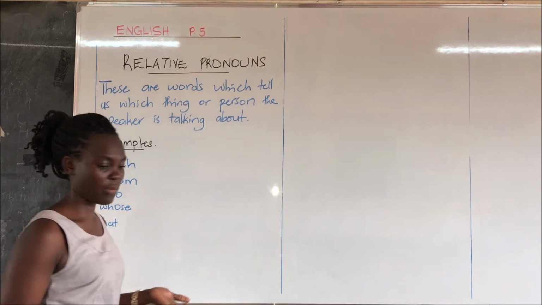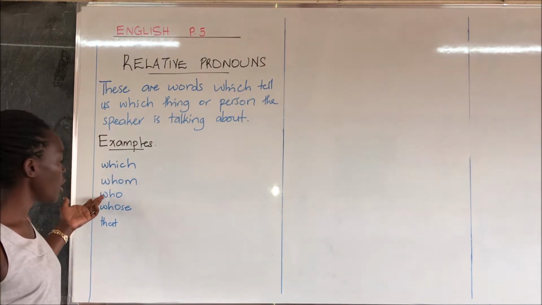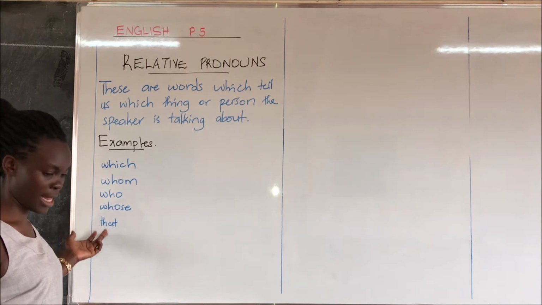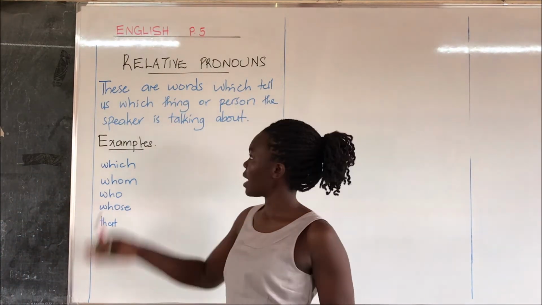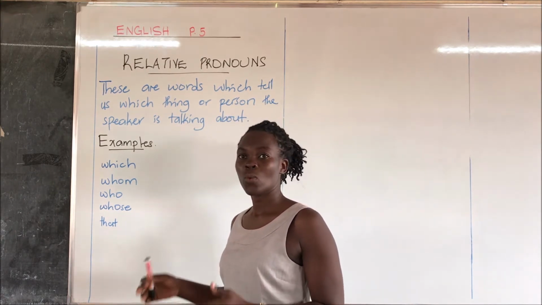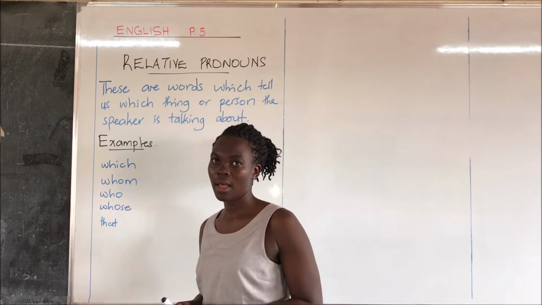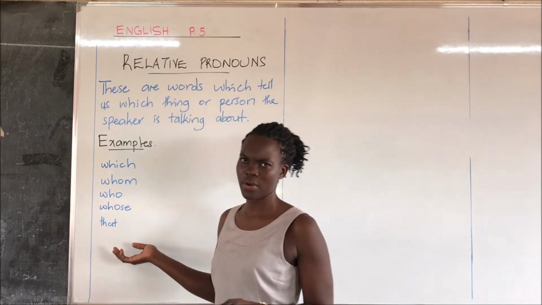So because we are in P5, we may stop at this. Which, whom, who, whose, and that. Those are relative pronouns, and they are simply words that tell us which person, which thing the speaker is referring to.